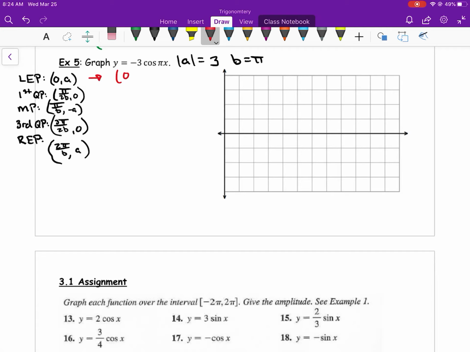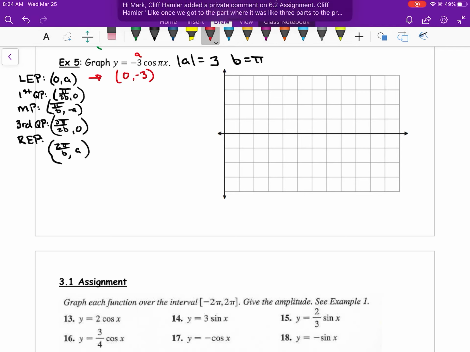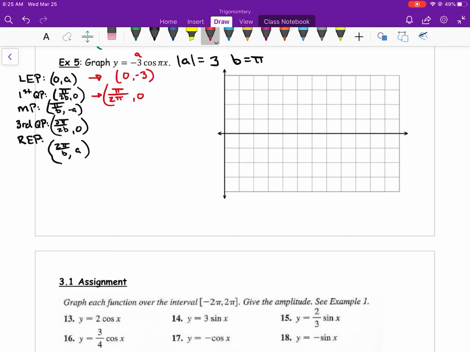Okay, so 0, A would be 0, negative 3. Because I'm just looking at the A, so A right here. Alright, and then we have pi over 2 times pi, because B is pi, comma 0.